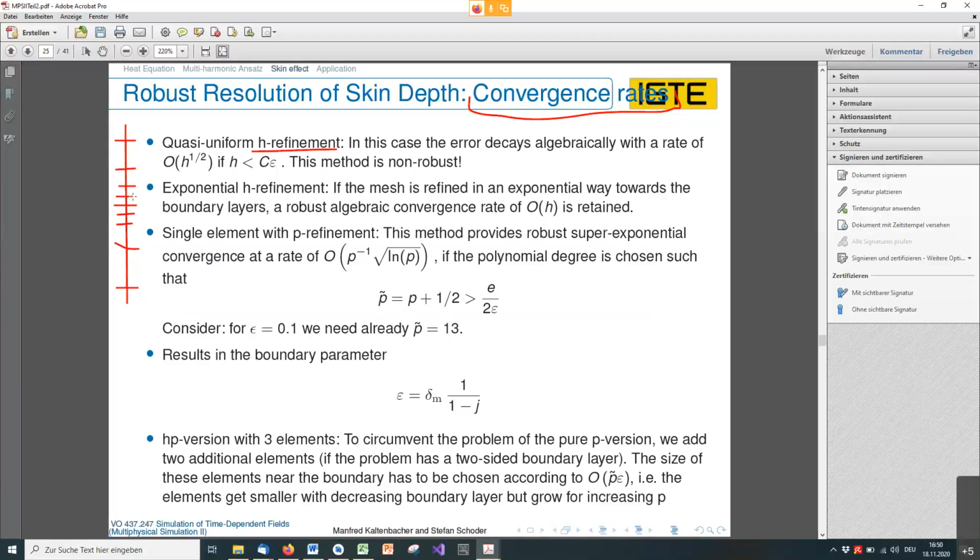So that we don't discretize the exponential shape with an H refinement. Did you get the message what's quasi-uniform? If you have a cell which is of length H, then the next refinement step would be H half. Then the next refinement step would be H divided by 4. The next would be H divided by 8. So this kind of convergence, or if we reduce our elements like this, is not robust.